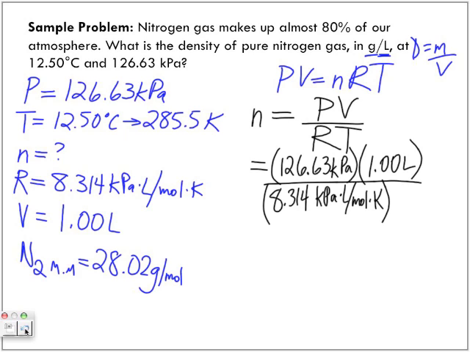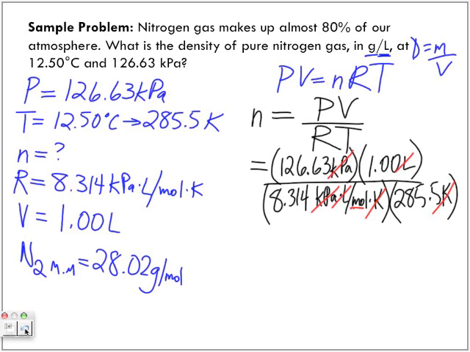Like I said, try to keep your units going, just to help you with crossing out and knowing which set of units is the last unit standing, so to speak. Right, and we've got our temperature, which is 285.5 Kelvin. So we go in, cross out kilopascals, liters, Kelvin, last unit remaining is mole.